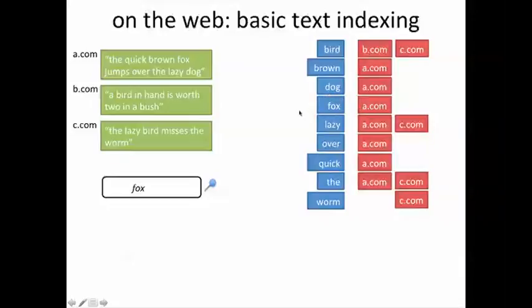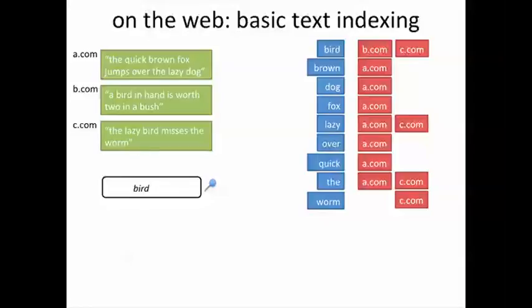On the other hand, when we type in the query the bird, we get two documents, A.com and C.com, from the, and we get two more documents, B.com and C.com, from bird. Taking the union of these two lists, we get the results, which are all three documents. However, if we type in the query bird alone, then we only get two documents, B.com and C.com. A very simple idea, but it is fundamental to how the web works.